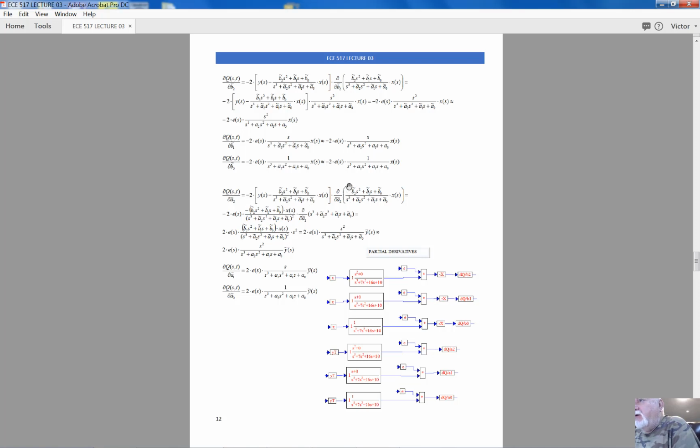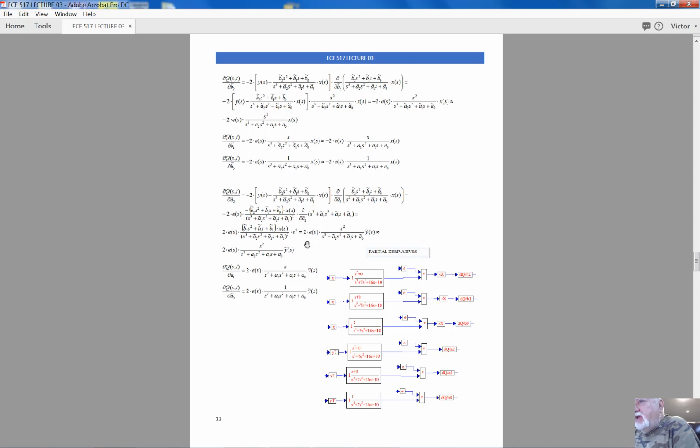Then I take the derivative of the expression in square brackets with respect to parameter A2 tilde. You remember probably how to take the derivative of a ratio with numerator and denominator. So I have minus, I have the expression of the denominator squared, and the numerator works as a constant coefficient here.